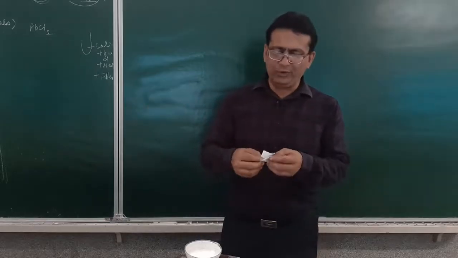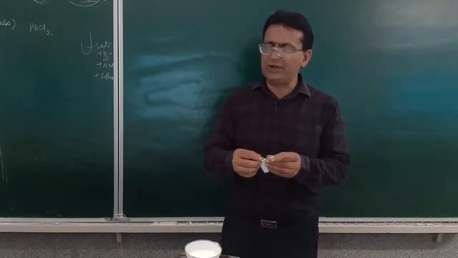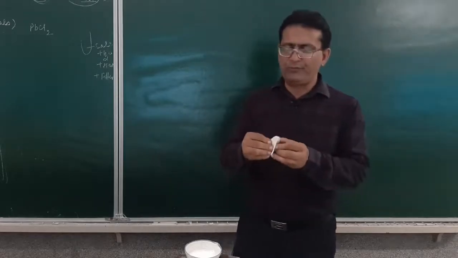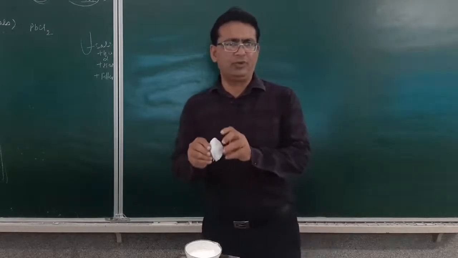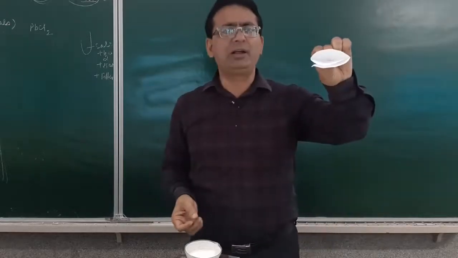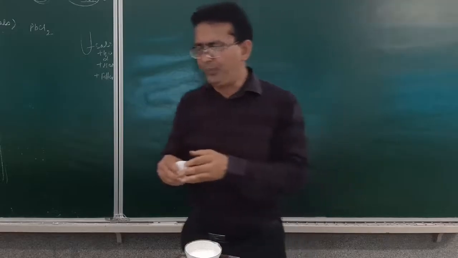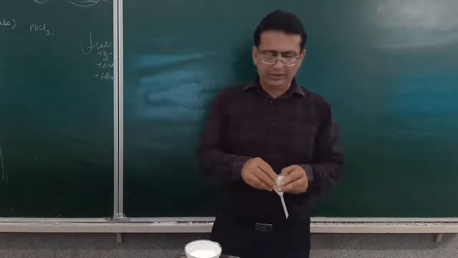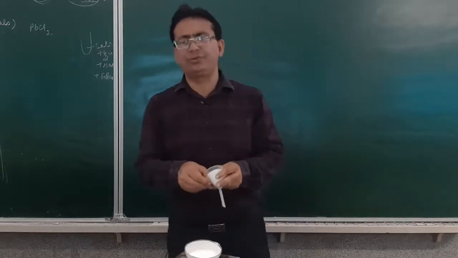Then make a second fold of this. How many layers will be there? 4. With every fold there will be 2 layers. Now open up one of the layers this way. Can you see this? It has become a cone. Now put this cone in a conical flask like this, so that it properly sticks to it.